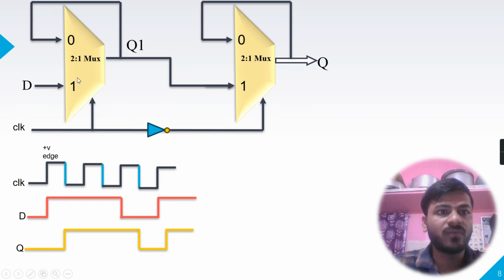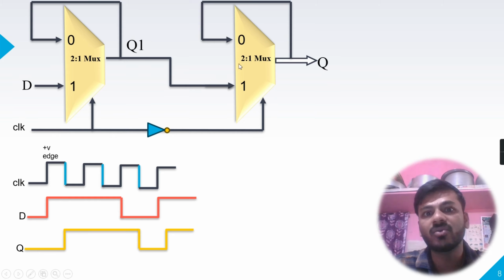Okay, clock is high, so for this mux select line is 1. Okay, so D will be routed to the output Q1. And due to this negation for this select line, this Q will hold the previous value, and previous value was what? High. So here you can see at this positive level my Q is high only. Okay, now again when clock is 0, whatever the Q1 value, here you can see D value goes low, so Q1 has the D value as low.